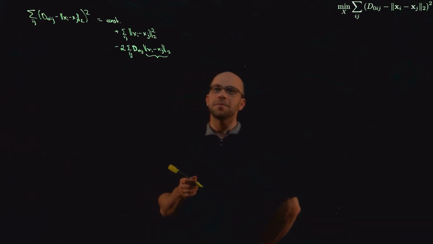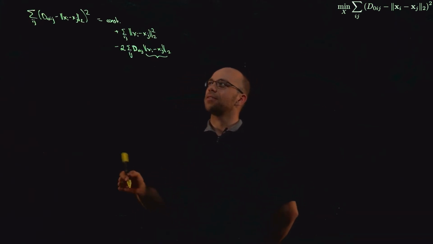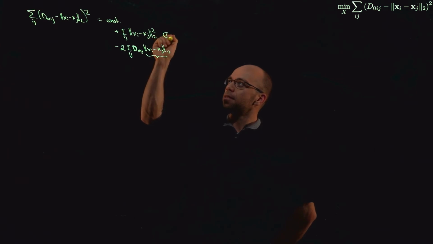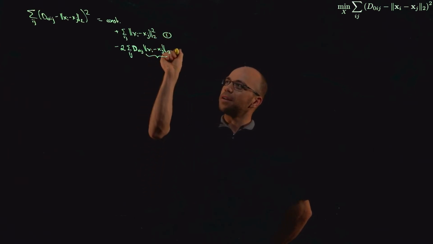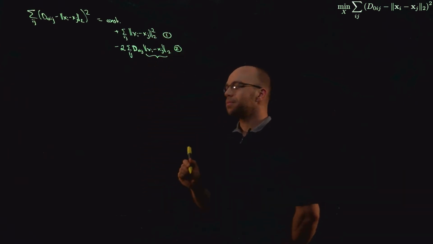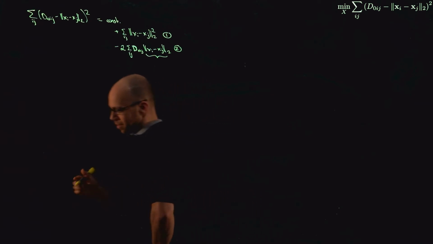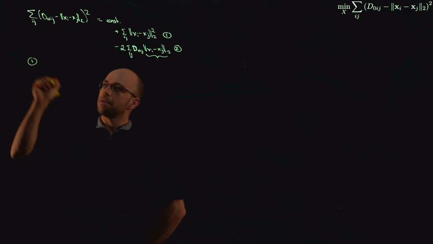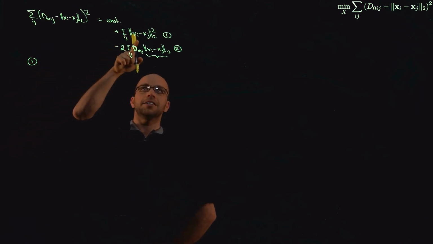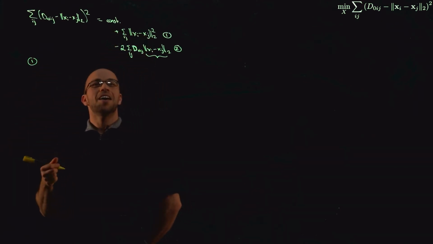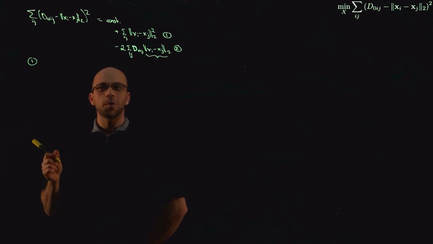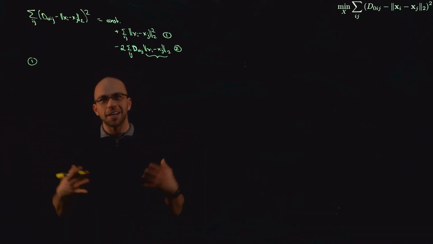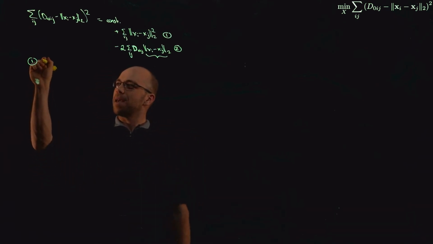Okay, so let's do some additional simplification just for fun. We're going to label this second term as number 1 here, and the third term as number 2. So how can we write number 1? Well, we have the double sum over ij of xi minus xj. We again see something squared, so we should be quaking in our boots until we expand that square as well.